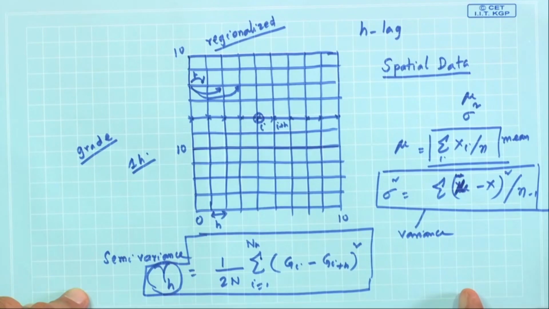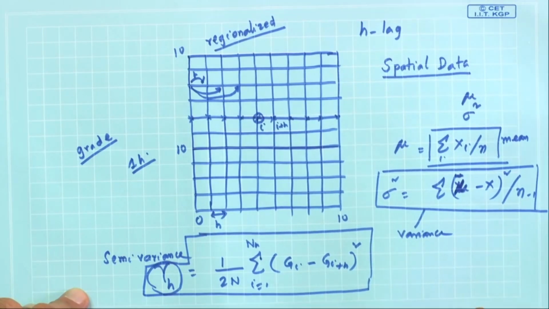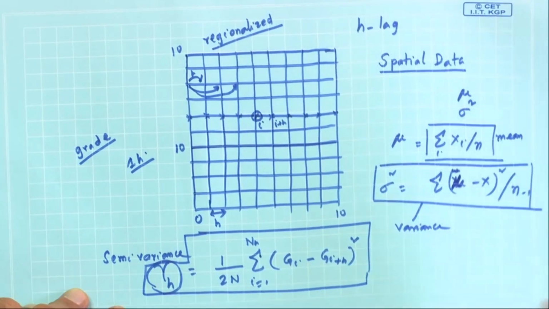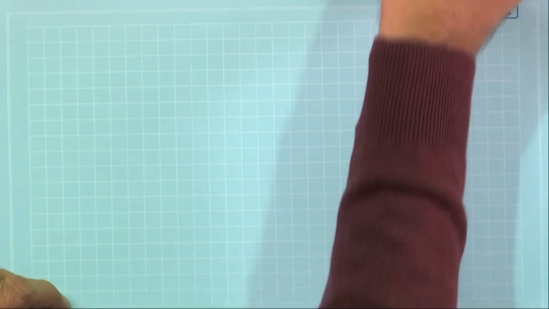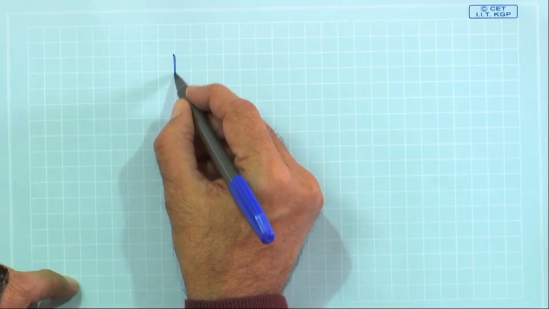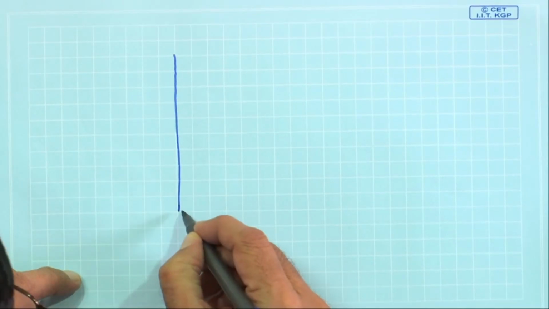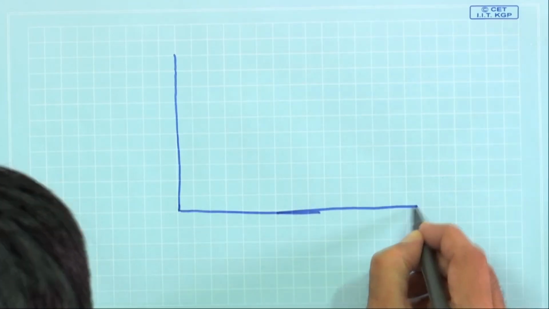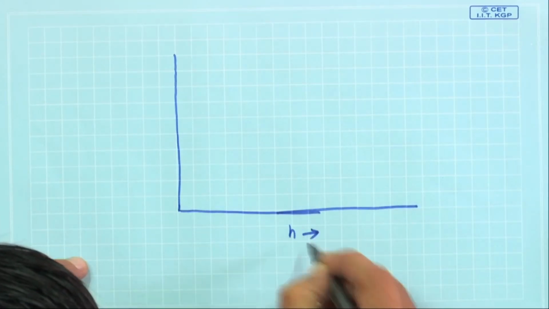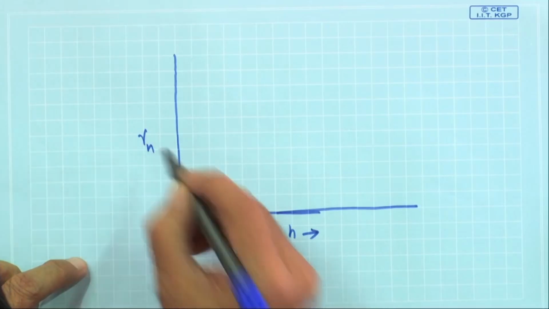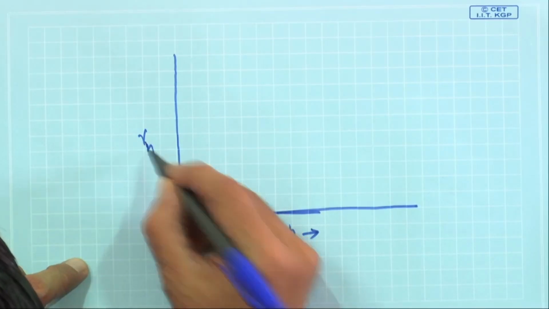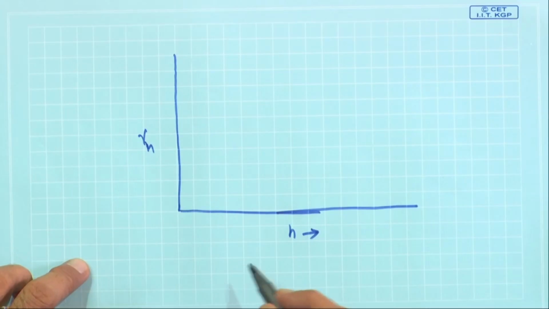Now, if I have to plot h versus gamma h, this is how the plot is conventionally done.